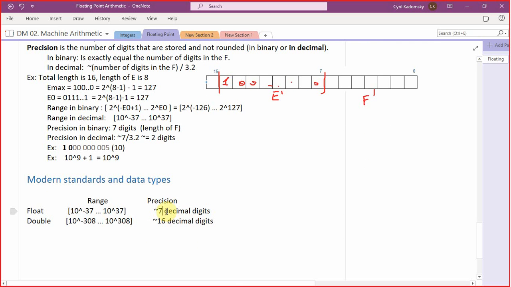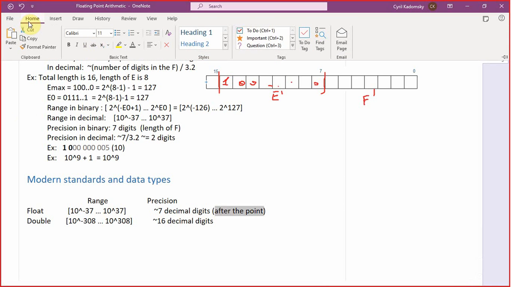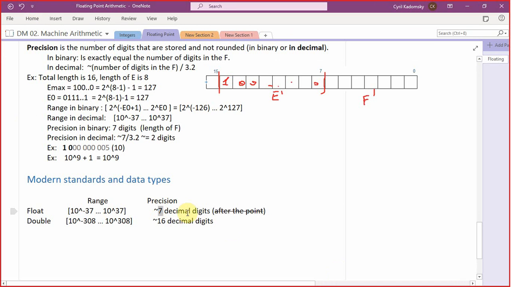This says nothing about digits after the point. There is no notion of after or before the point, so we cross it out. This is 7 digits in total, before or after the point. The position of the point is not important.